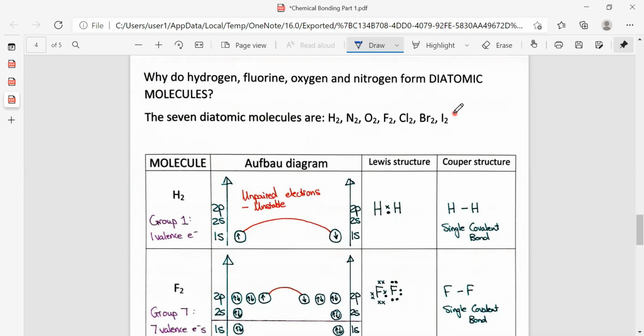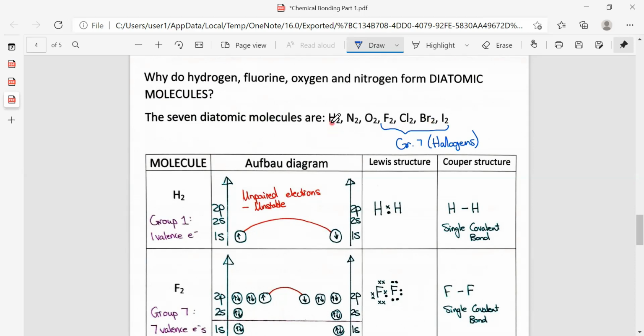But fluorine, chlorine, bromine, and iodine, these 4, are all in group 7. They are halogens. So they're all going to have the same outer electron structure. So we only need to do fluorine, then we will know how these other 3 form diatomic molecules as well.